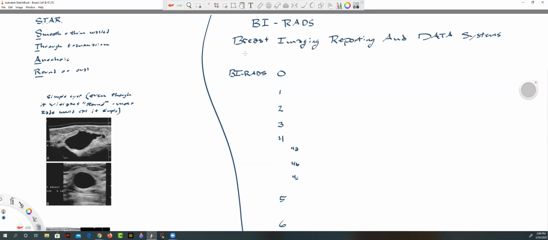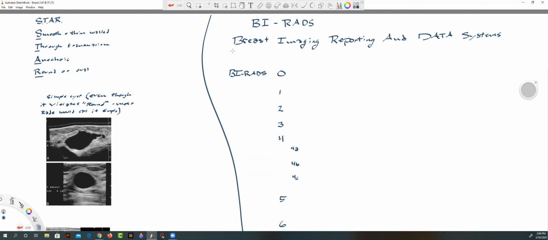That's what radiologists use to stage and report, and it's a language that all radiologists understand. Everyone agrees to the language, so when this patient goes to another doctor, or another doctor is reading a follow-up study, they're able to look at the BI-RADS report and understand exactly what the original doctor was talking about when they made that report.